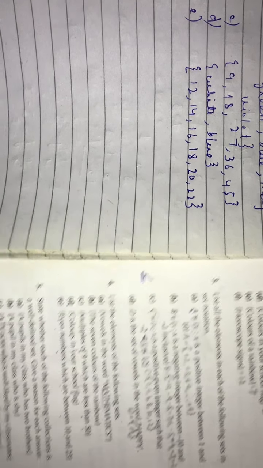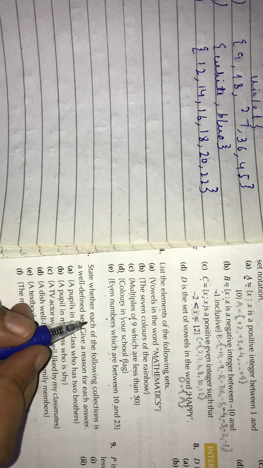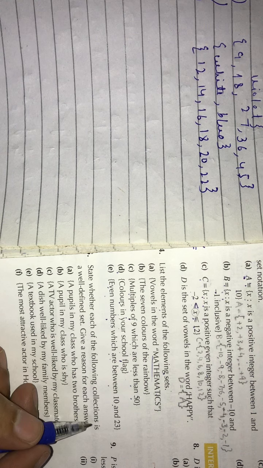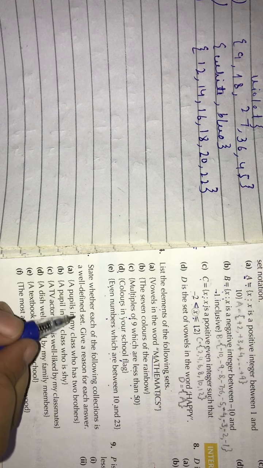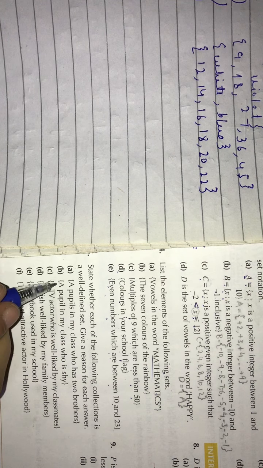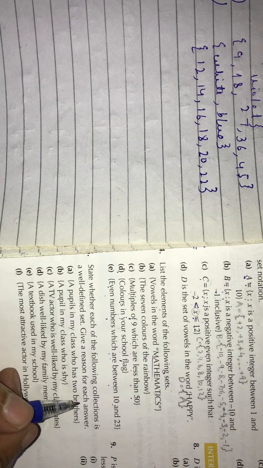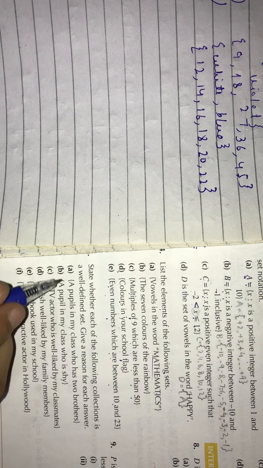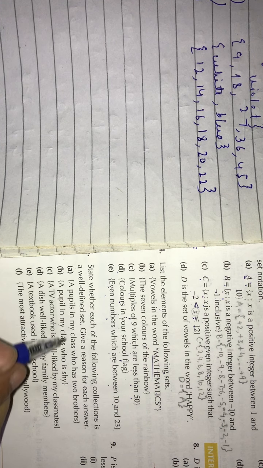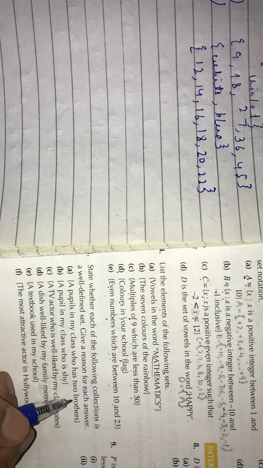Now come on to next question number 5. The statement is: state whether each of the following collections is a well defined set. The collection is given in the form of a set because there is a bracket. Got it? Give a reason for each answer. Got it? Now first part is pupils in my class who have two brothers. A pupil in my class who has two brothers.